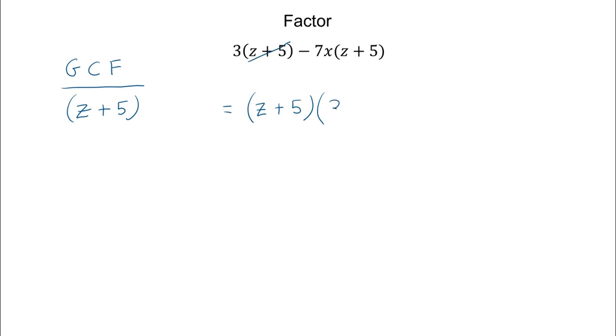So 3 is what's left when I divide 3 times z plus 5 by z plus 5. Same thing with the second term. The leftover part of the second term will just be the minus 7x. So the factored form of this expression is the GCF of z plus 5 times the difference of 3 minus 7x.